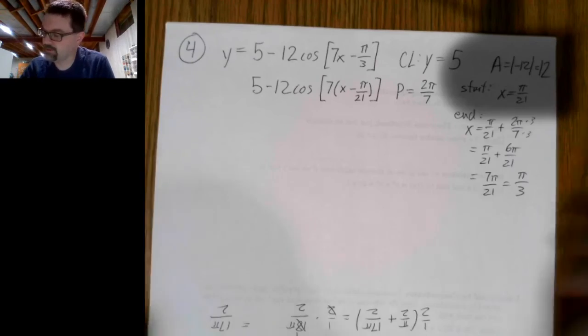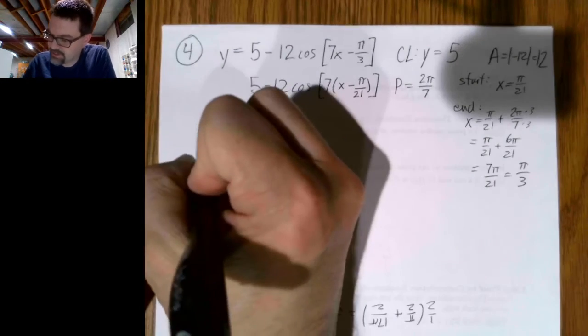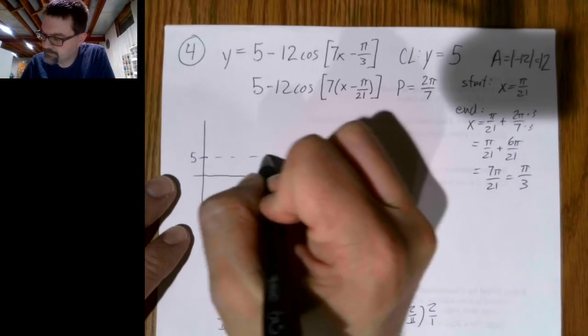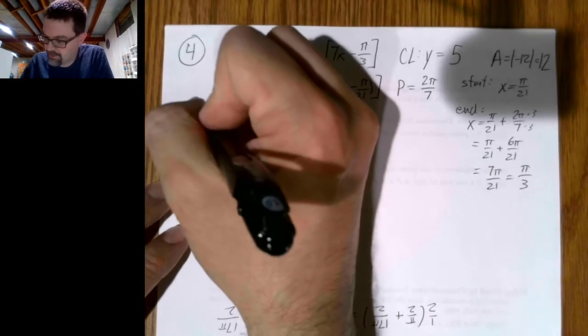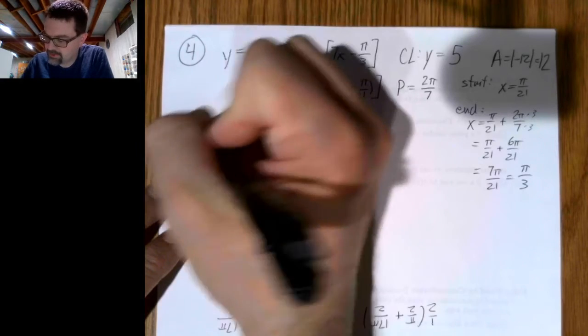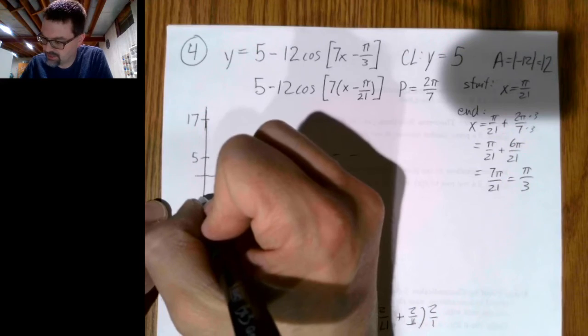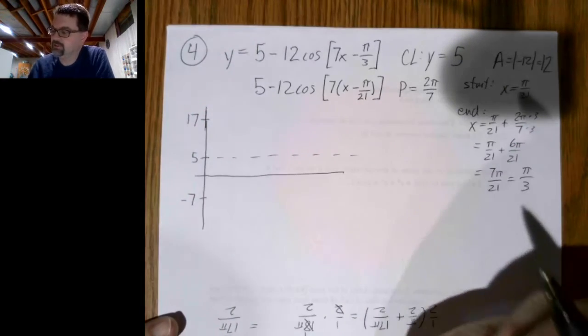Okay. Well, let's see here. So our center line is at 5. So then with the amplitude of 12, we got to go up and down that much. So up plus 12 would get us to 17, minus 12 would get us to negative 7.